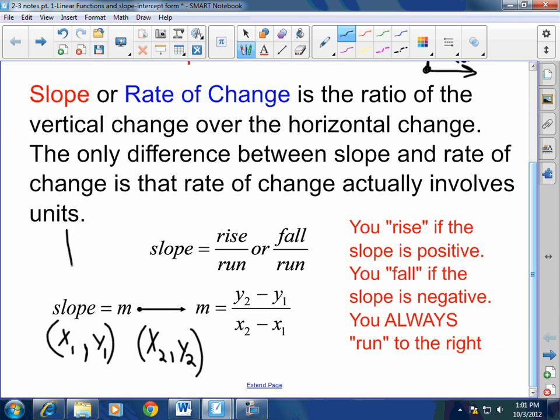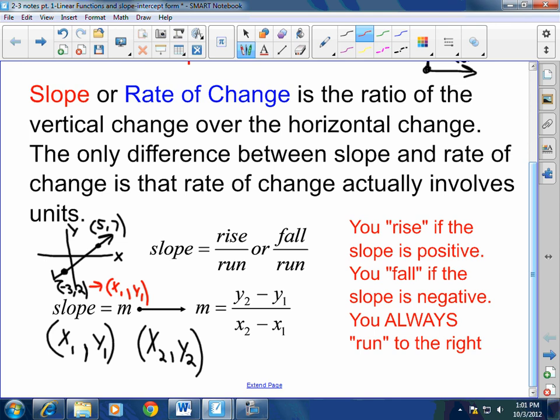So, for example, if I have this here, I have a line, and this guy here, let's just say, is -3, 2, and this point over here is 5, 7. I like to call the points furthest on the left x1, y1. So this guy right here would be my x1, y1.